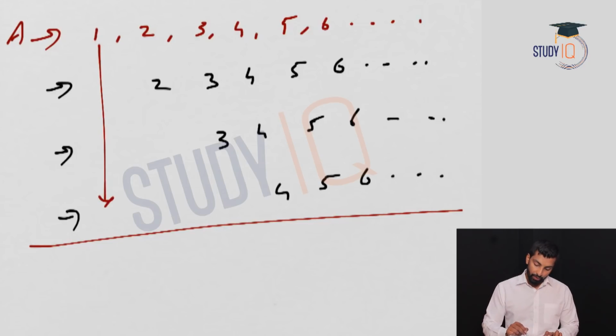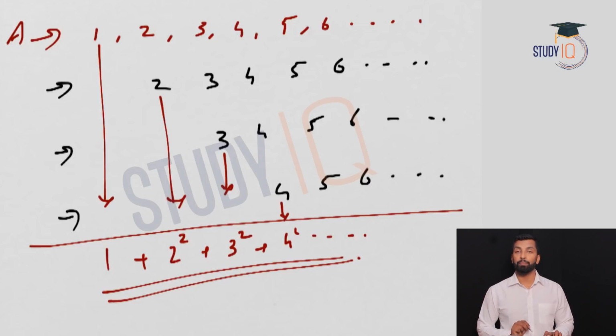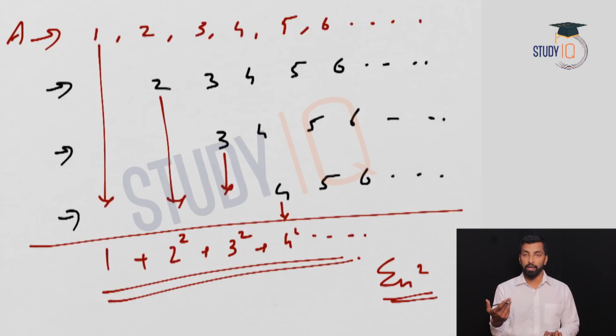This is actually 1, this is 2 square, this is 3 square, this is 4 square. So this is actually a sum of squares, and you need to find sigma n square. We will discuss similar questions when we solve the questions. I am just discussing the concept now.